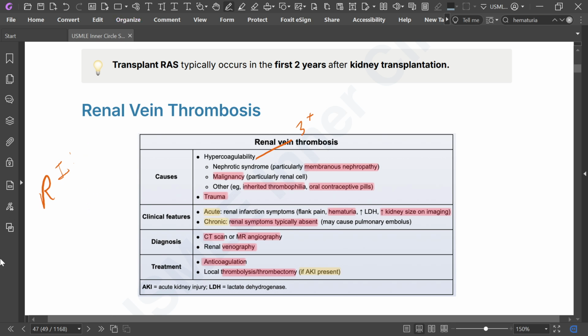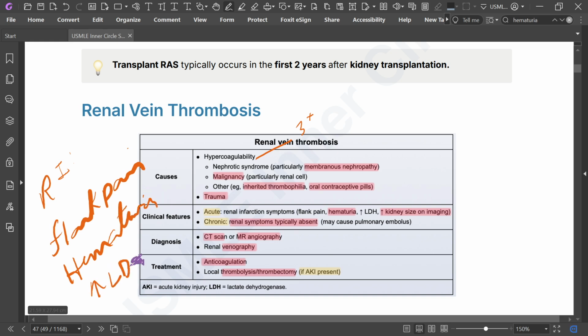Flank pain, hematuria, increased LDH, and increased kidney size on imaging. This is very important: increased kidney size on imaging.